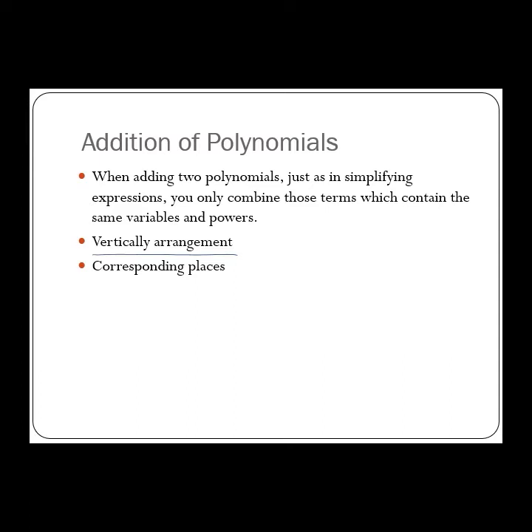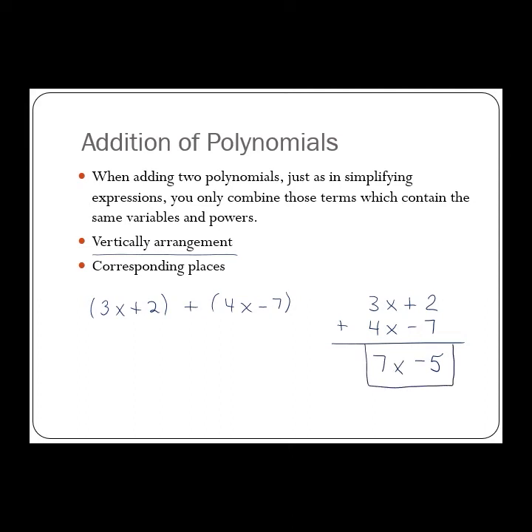So when I say vertical arrangement, I mean if I ask you to do 3x plus 2 plus 4x minus 7, one of the ways you could set this up is 3x plus 2, 4x minus 7, writing it vertically and lining up the places. So the constant places, the x places, the x squared place. So 2 minus 7 is -5 and 3 plus 4 is 7. So this would be your answer.